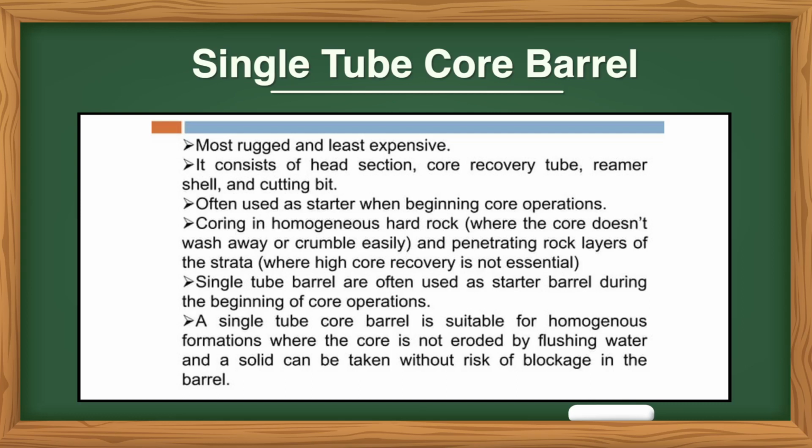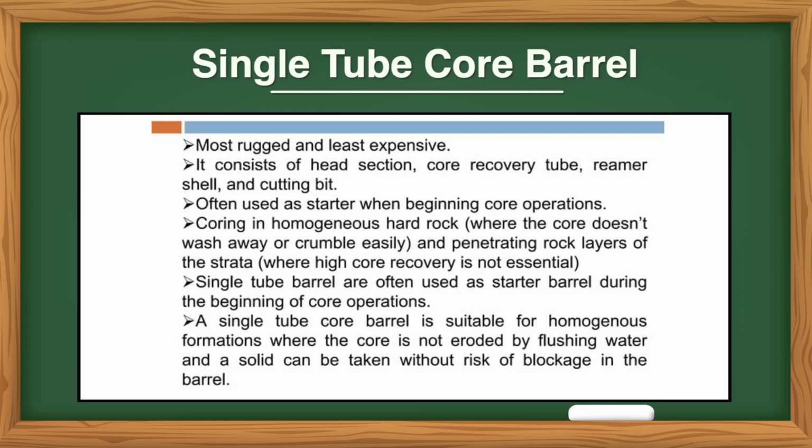It is used for coring in homogeneous hard rock where the core does not wash away or crumble easily, and for penetrating rock layers of the strata where high core recovery is not essential. Single tube barrels are often used as starter barrels during the beginning of core operation.